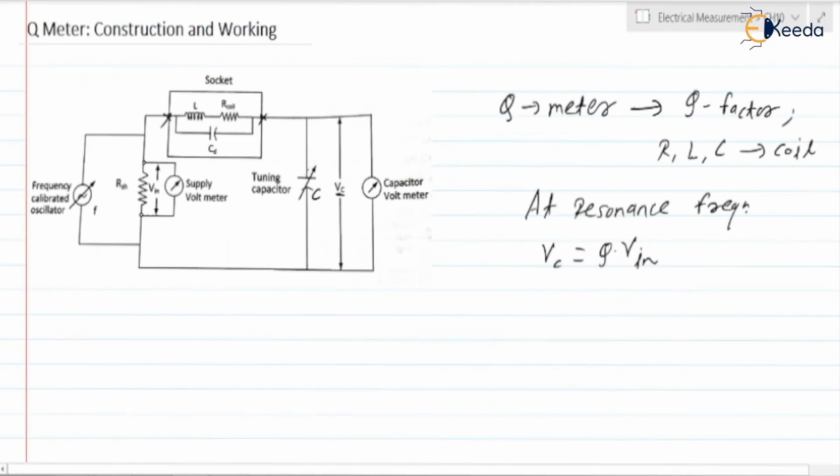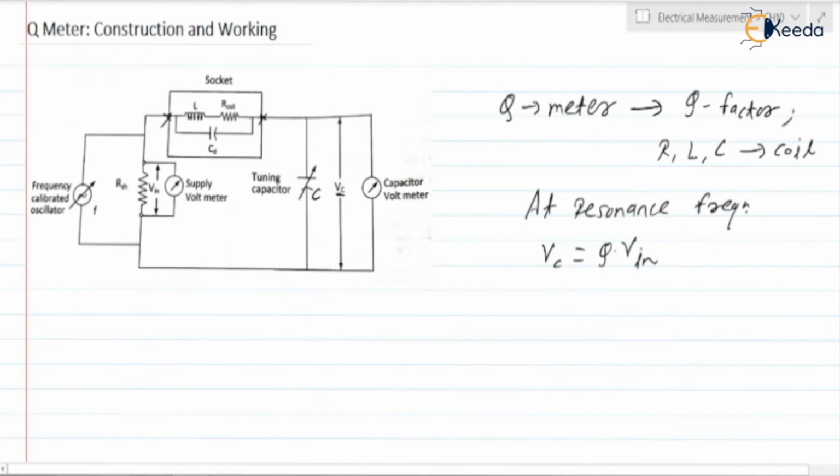So strictly speaking, the oscillator, shunt resistance and capacitor are the elements which are inbuilt in the meter, whereas these are the terminals where we are going to connect the coil.